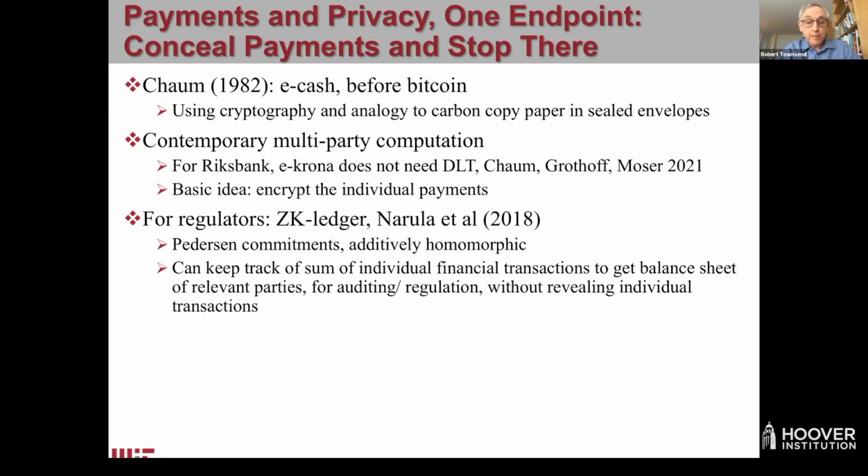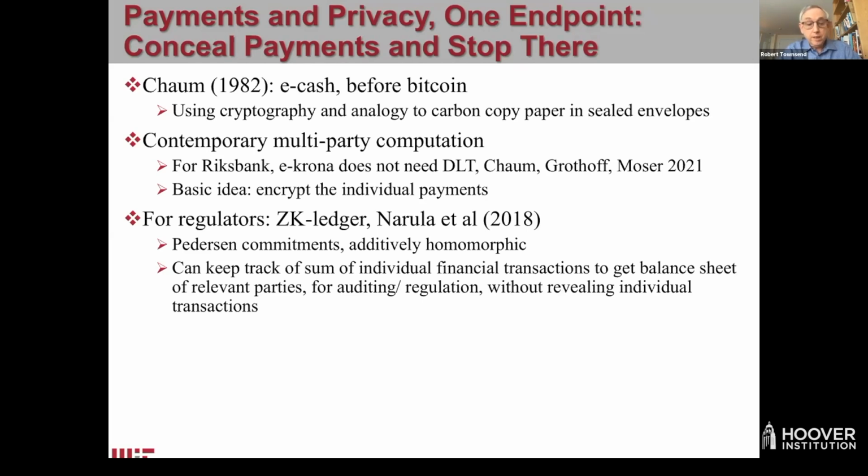So for the Riksbank, Chaum, Grothoff and Moser have proposed in a revised 2021 version an encryption algorithm for e-krona in which essentially everything is kept private. And the basic idea is to encrypt the individual payments and perform operations on the payments in the encrypted space.